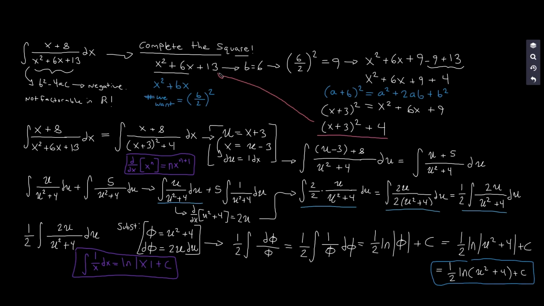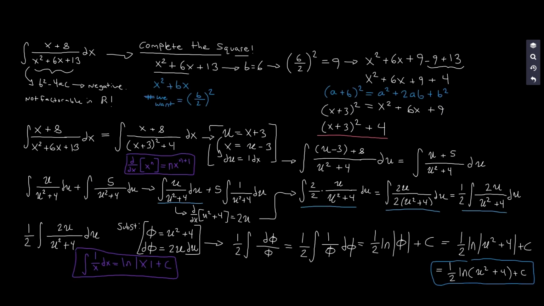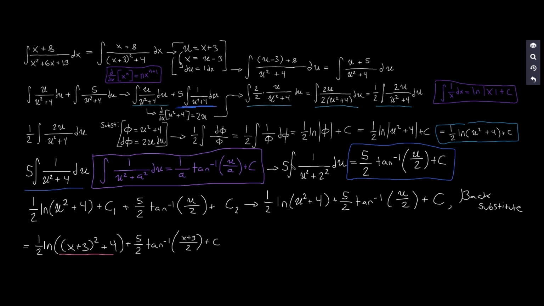This is what we have on the page over here: x plus 3 quantity squared plus 4, which we got when we completed the square for the trinomial x squared plus 6x plus 13. So that's just going to immediately simplify back.